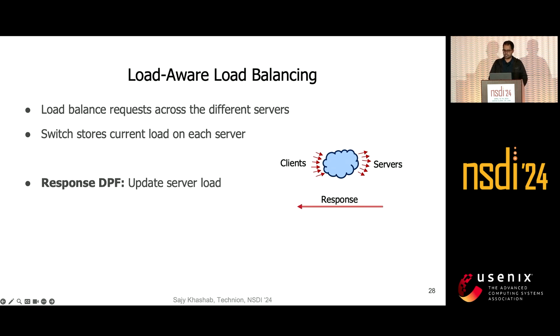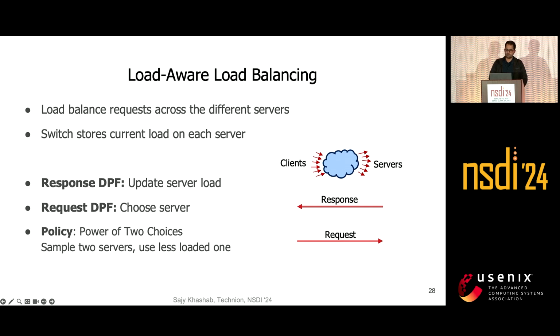This can be done using a DPF on the responses, which simply updates the switch memory location for that specific server's load. Then we need requests to use a DPF that uses the least loaded one. Since the number of instructions can be large, we implement power of 2 choices, which means the request DPF samples 2 random servers and uses the least loaded one.